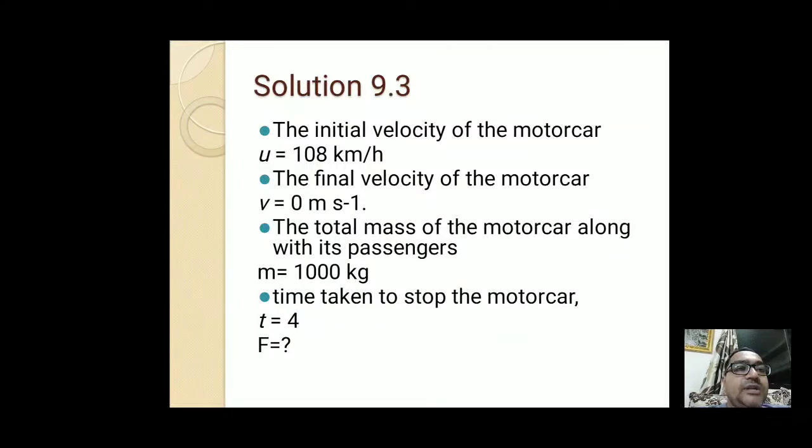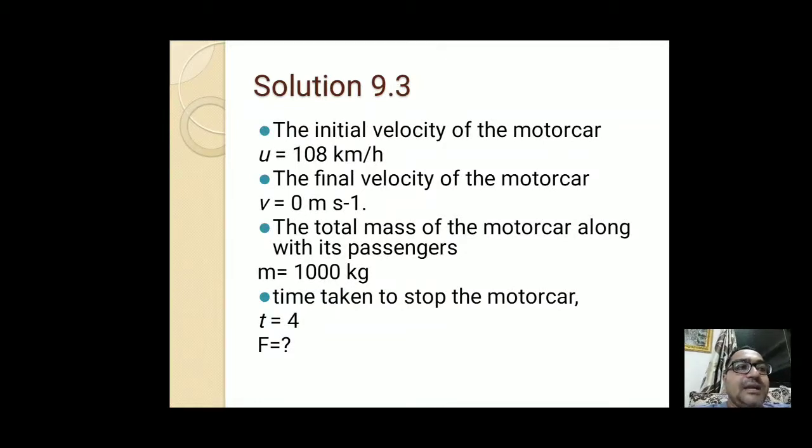The final velocity of the motor car, when the brake is applied and the car comes to rest, will become 0. And the total mass of the car with passengers is m equal to 1000 kg, and time is given, t equal to 4 seconds, and we have to find how much force is applied on this particular car.